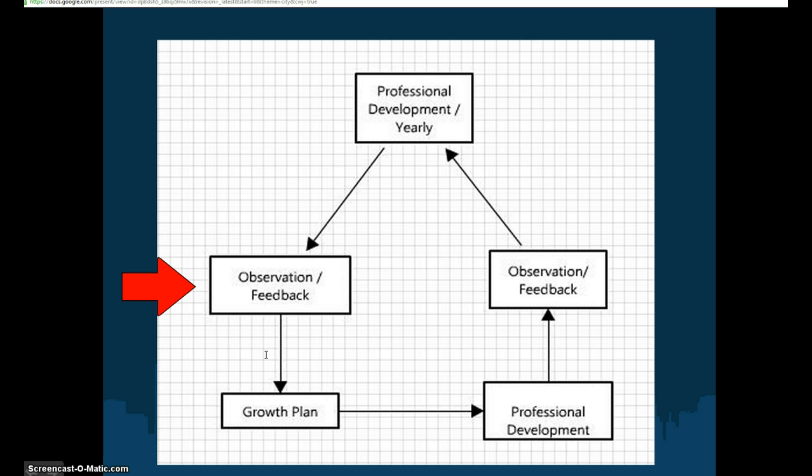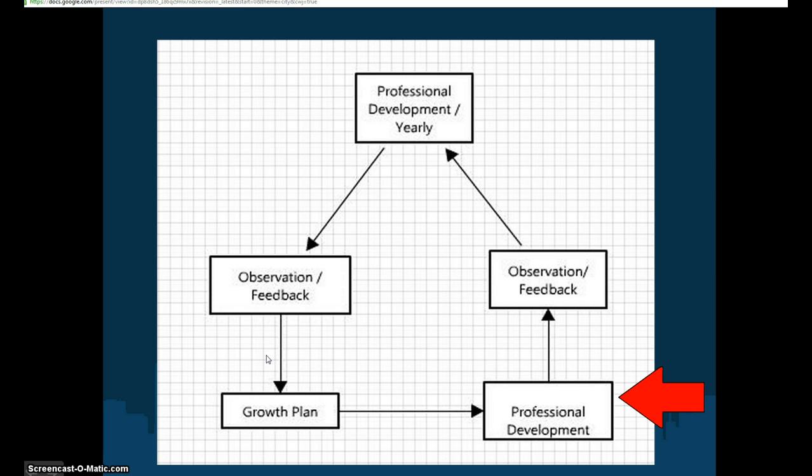The feedback should be targeted into areas of strengths and areas of challenges where we give a target for growth for the teacher. The teacher and the administrator can then develop together a growth plan outlining areas that need improvement as observed and documented in the evaluation.